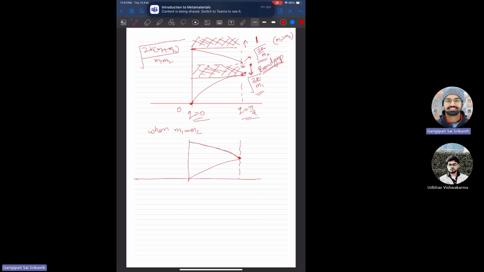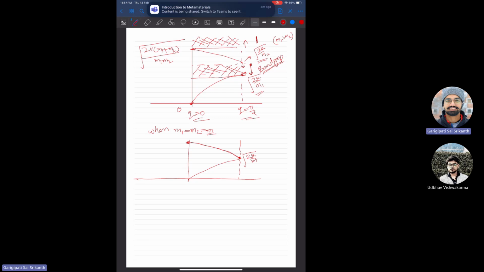So what is that case? That is nothing but a monomer, because M1 is equal to M2 is equal to some M. That's a monomer. And what is this value then? This value is 2k by M. And what is this other value then?